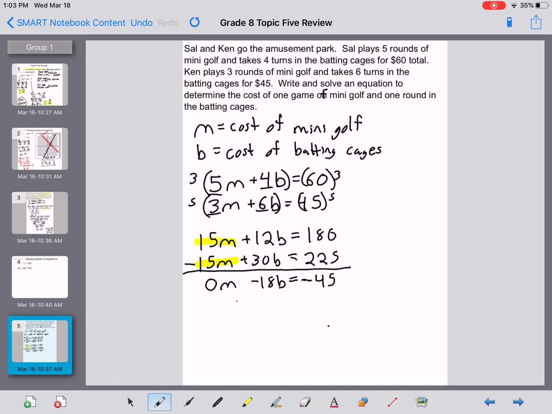The 0m I do not have to write, so I can just write this as negative 18b equals negative 45. I can divide both sides by negative 18 to solve for b. Negative 45 divided by negative 18 is 2.5, or in this case, $2.50. So that is the cost of the batting cages, $2.50.